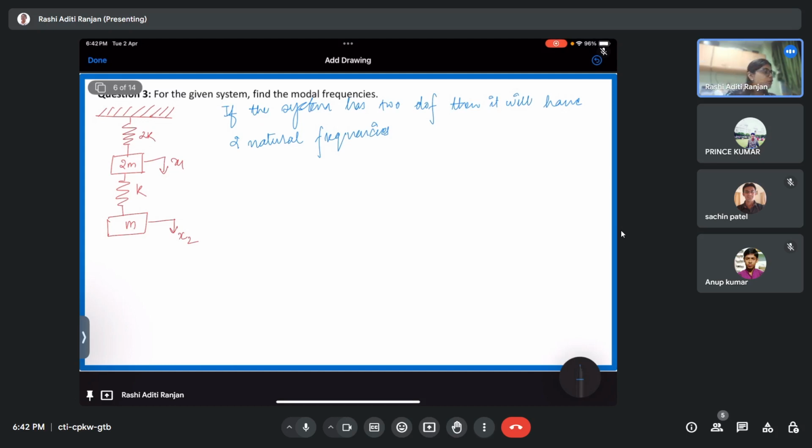So, coming on to the force balance technique. Firstly, I have a mass 2m. It is going down with x1. So what is going to happen? This spring is going to apply some force on it, which would be 2k x1.